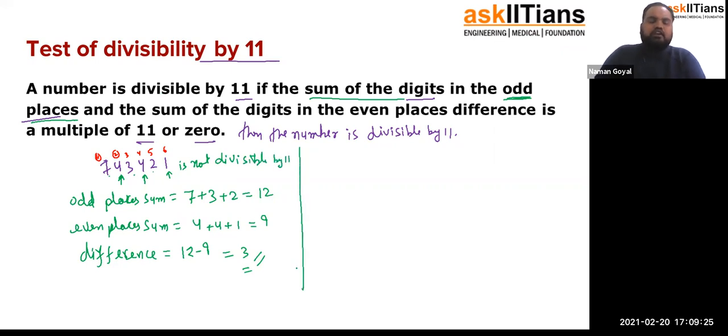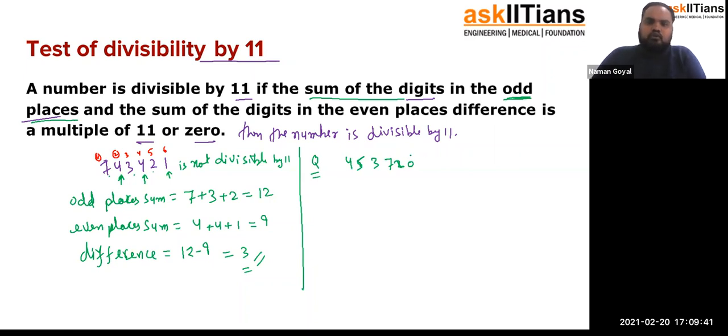Okay, now we can take some more examples. Listen, if I take an example, you have to check 4353720, whether it is divisible by 11 or not.